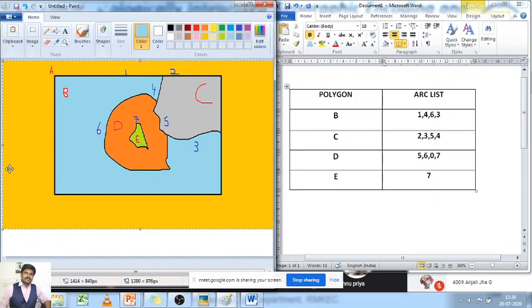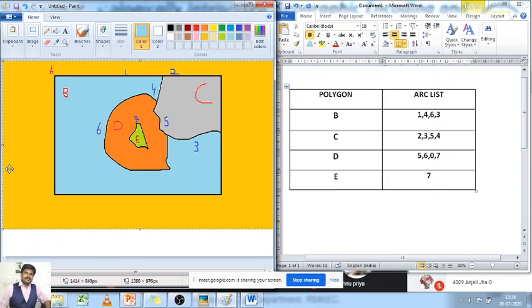Okay, there is a hole in between D, which is the island called E. So as it gives an empty space in the D, that's why we are mentioning the value as 0. Okay, so when there is a polygon within another polygon, and when we are mentioning the outer polygon, we should also mention the value called 0.